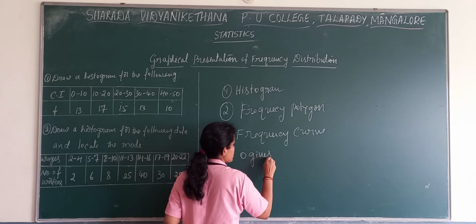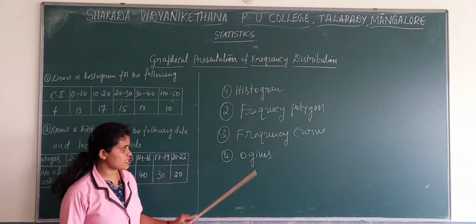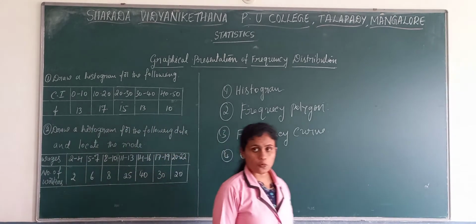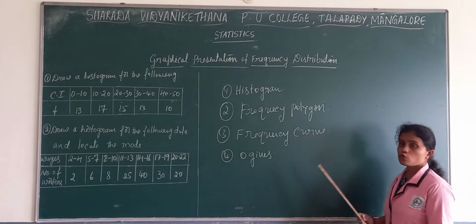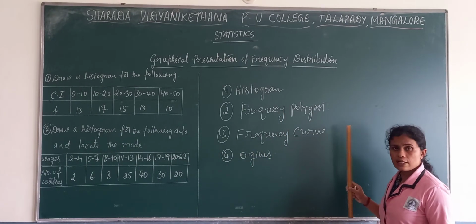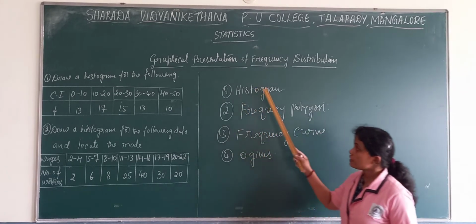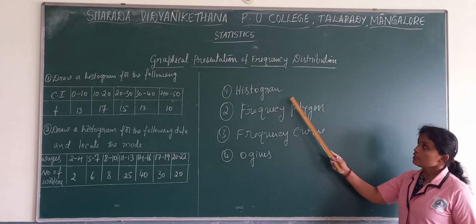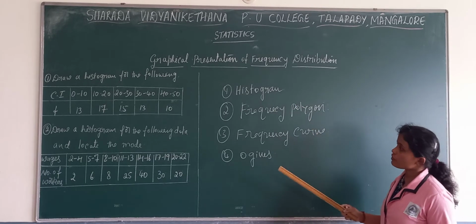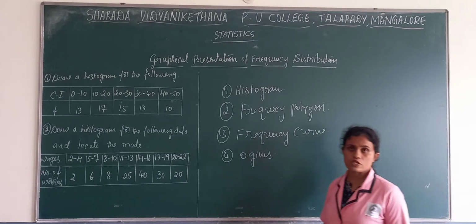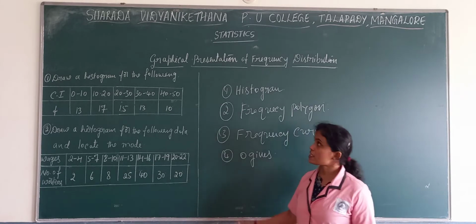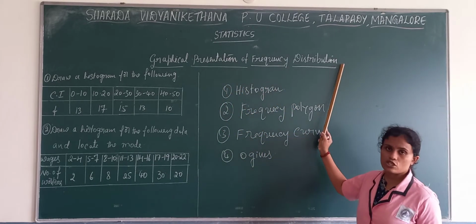Some of you might have studied ogives in your text. So these four we are going to study. These four represent the frequency distribution in the form of a graph. Firstly we will see the histogram, then frequency polygon, frequency curve, and ogives.